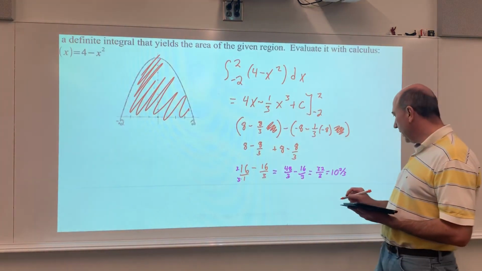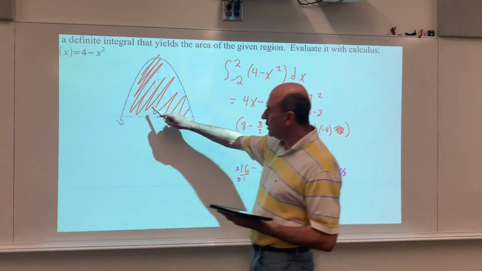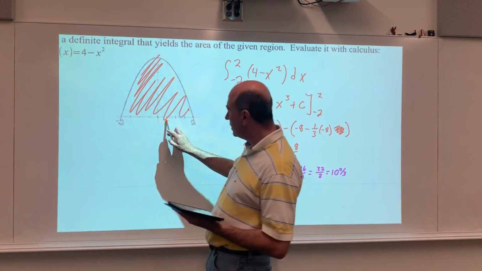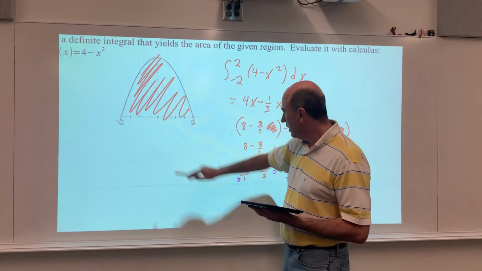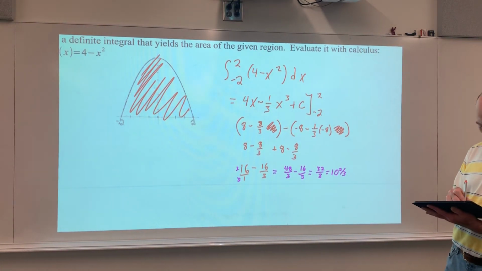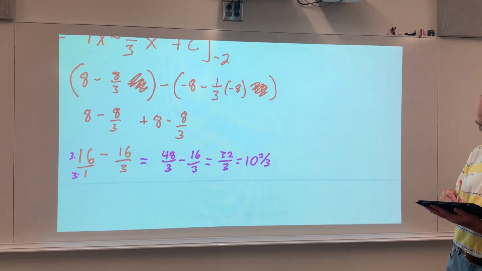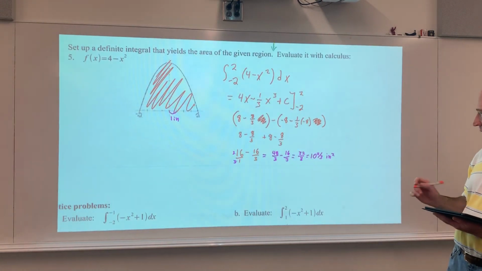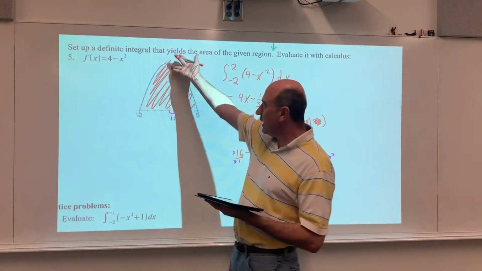So you're telling me the area of this region is 10 and 2/3 units? Like if this is 1 inch, this would be 10 and 2/3 square inches. So from here to here is 1 inch. This would be 10 2/3 square inches. And it's positive because it's above the x-axis?